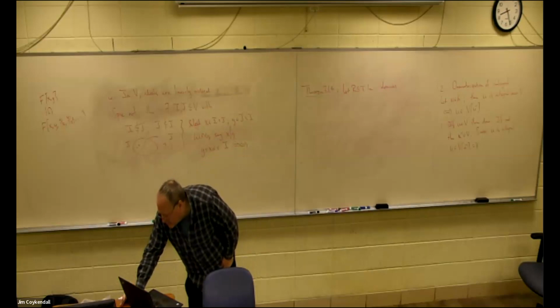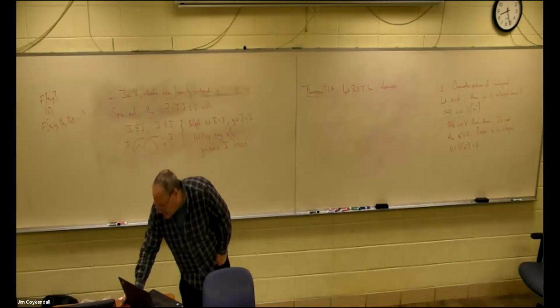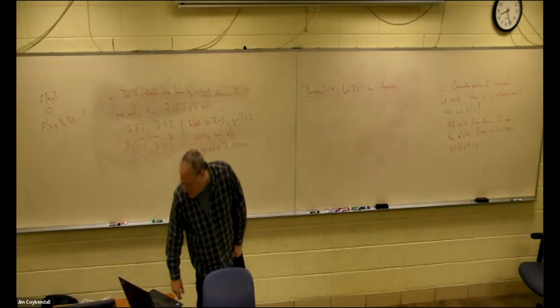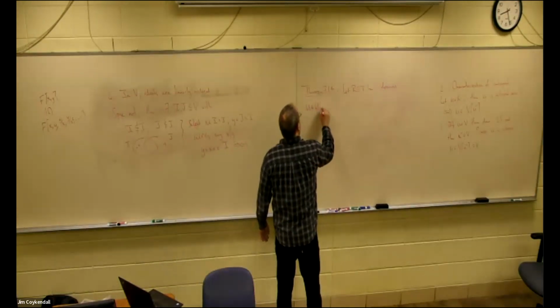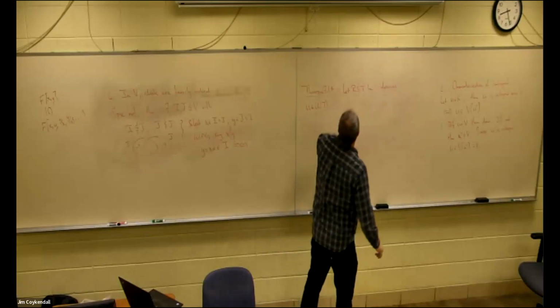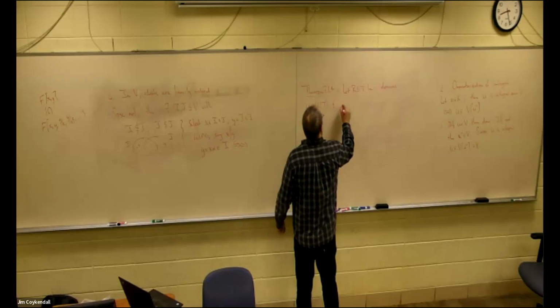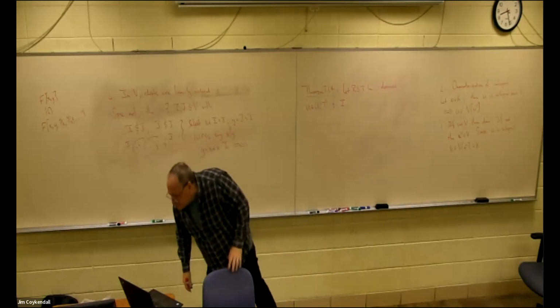Let U be in the units of T. So U is some unit upstairs, and I a proper ideal of R.